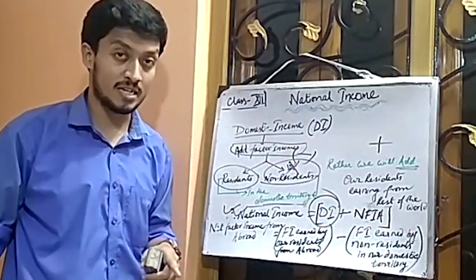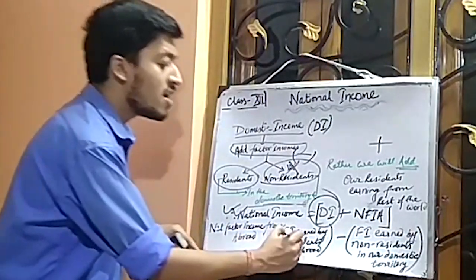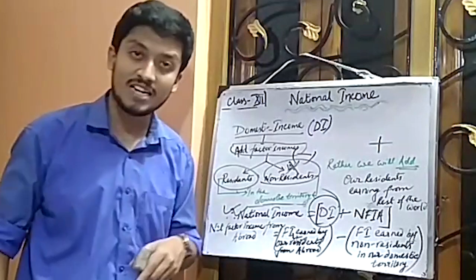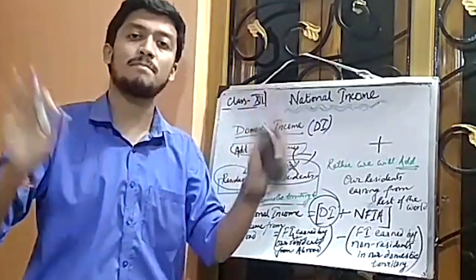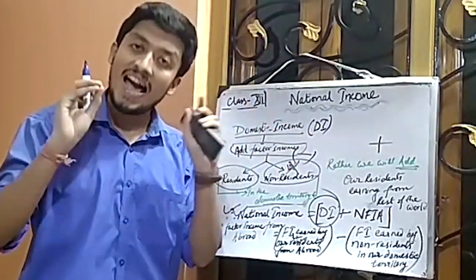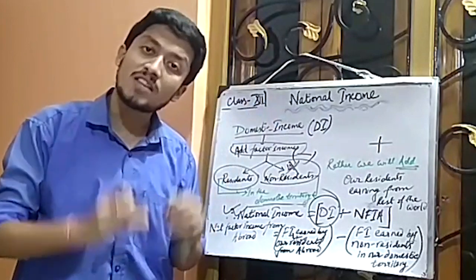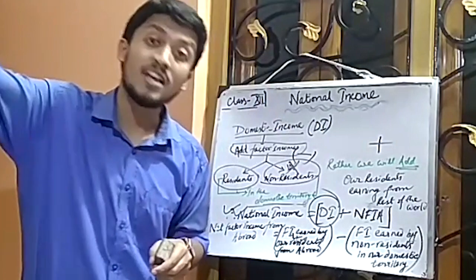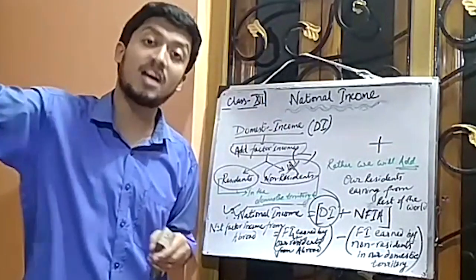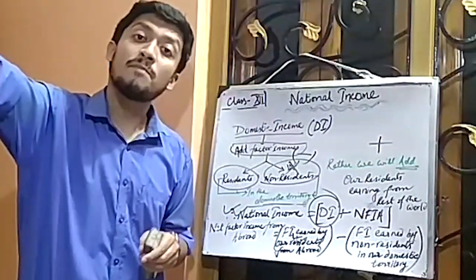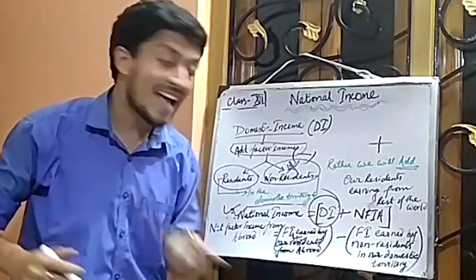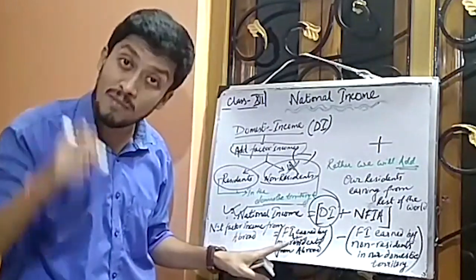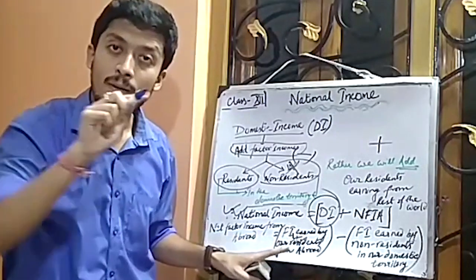Once again, I am repeating. Take the normal residents of our country, let us say India is our country, those Indians who are working abroad, in the United States of America, in Germany, in Russia, and bringing the money home. That income is the factor income earned by the normal residents from abroad.